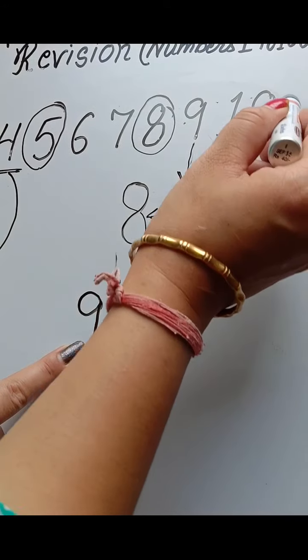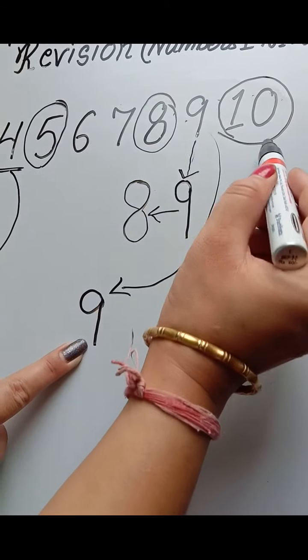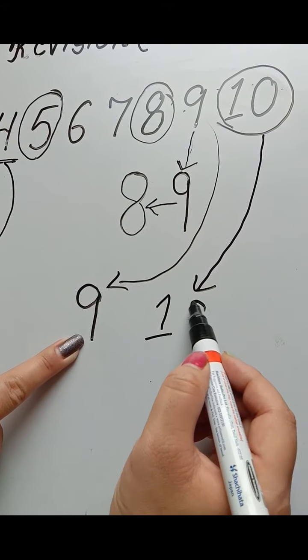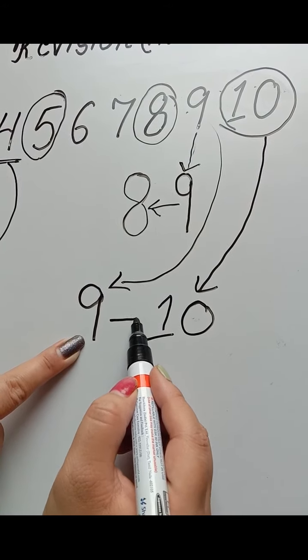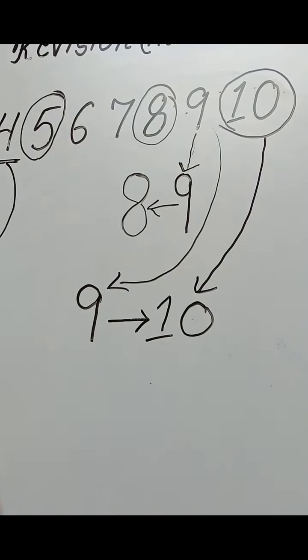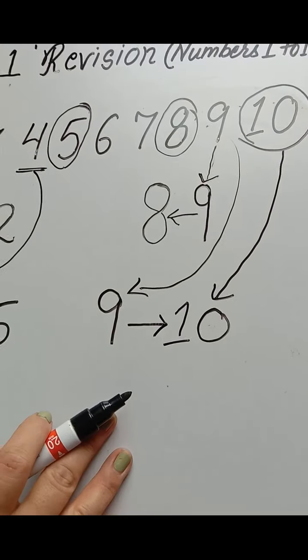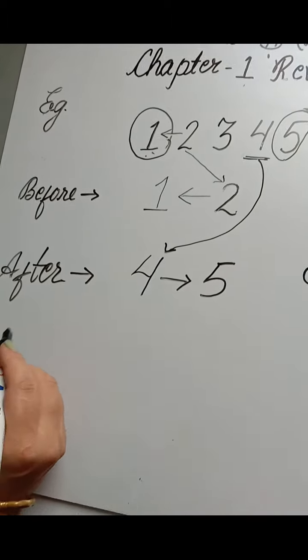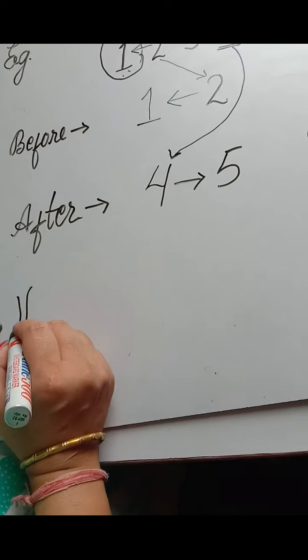So your next number is 10. Your after number will be 10. So 10 will come after 9. Got it? These are the forms of afterward. Now what is between? Look here.